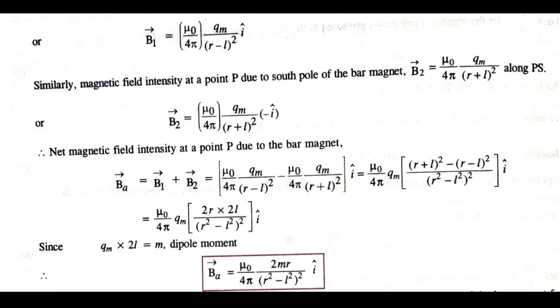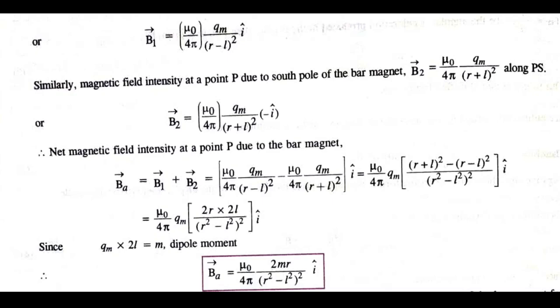Similarly, we can also calculate the magnetic field intensity at point P due to the south pole of the magnet, and the direction is along x dash, that is along the negative x direction, so this is represented by minus i cap. So we can calculate the net magnetic field by vector addition of B1 vector plus B2 vector.